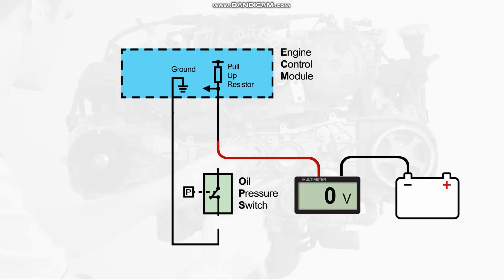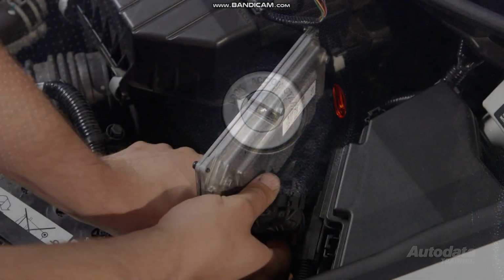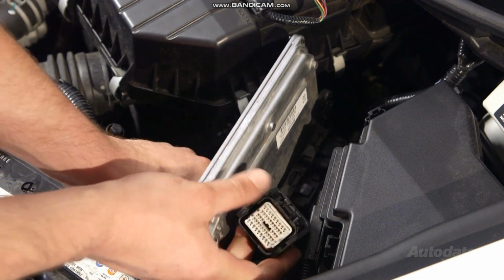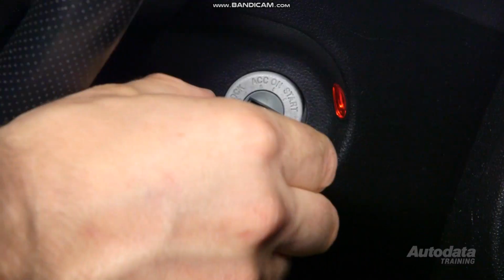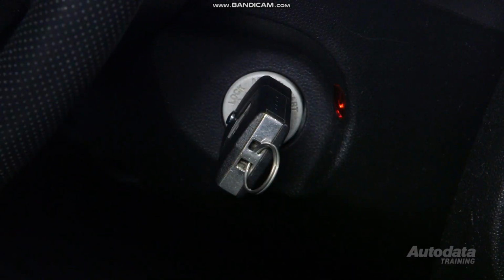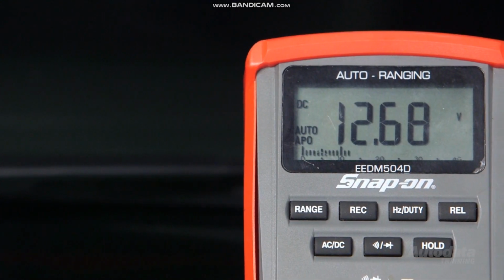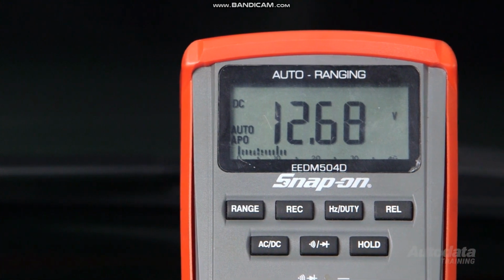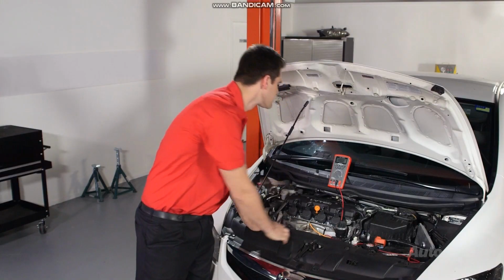If the parameter didn't change, or there was more than 5 volts on the signal wire, then it is possibly a short to voltage. Turn the ignition off and disconnect the ECM. Turn the ignition back on and retest again. If the voltage is still there, there will be a short to voltage in the harness.